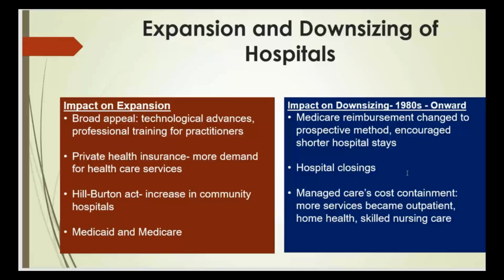Many rural and urban hospitals had to close for economic reasons. Hospitals of all sizes throughout the country either closed entire wings or converted those beds for alternative uses like outpatient care, long-term care, or even rehabilitation care. So the nation's bed supply overall declined.